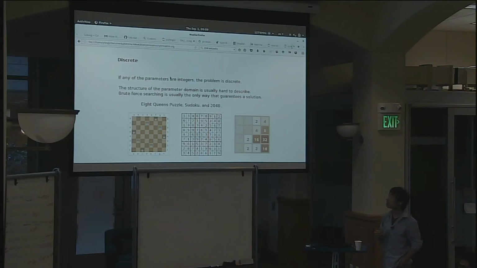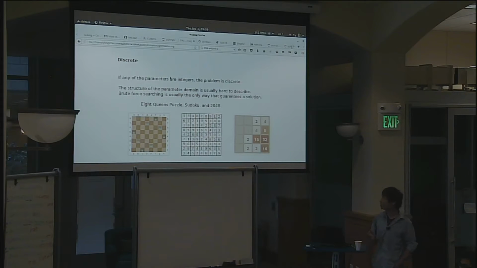Like how does this objective function change when you hop from one point to another point by a large distance? That's usually hard to describe. And therefore, we have to use some sort of brute force searching over the entire domain to find a solution. But these problems are usually very interesting because they look like puzzles.